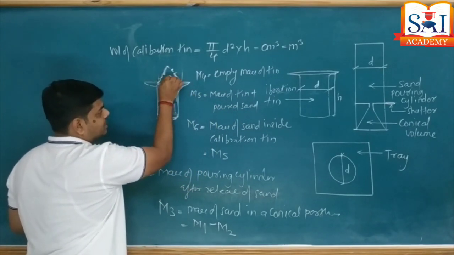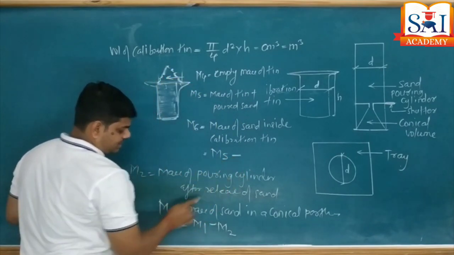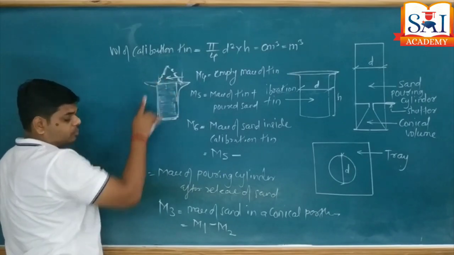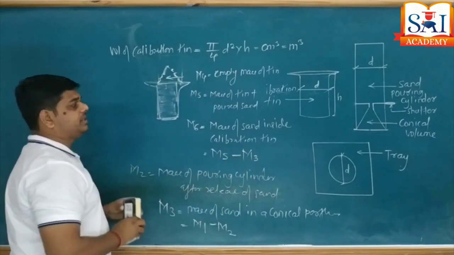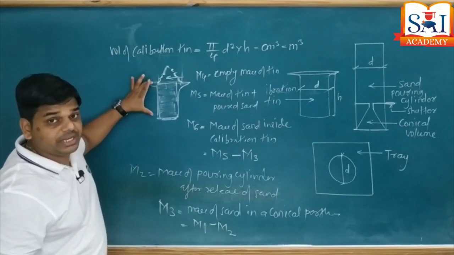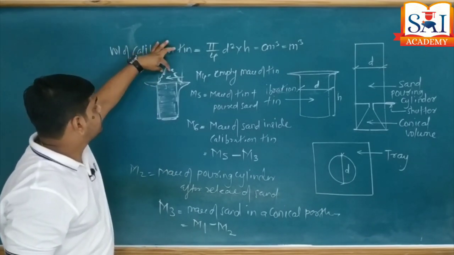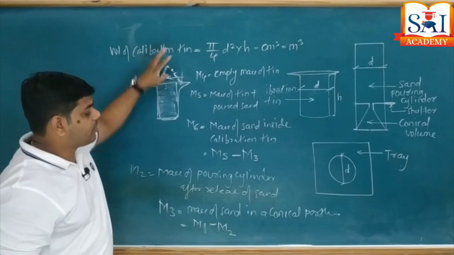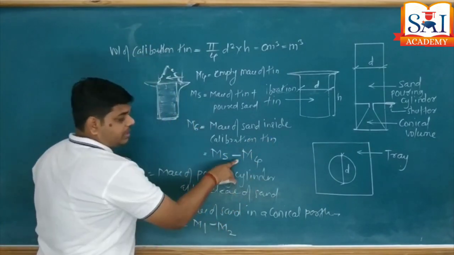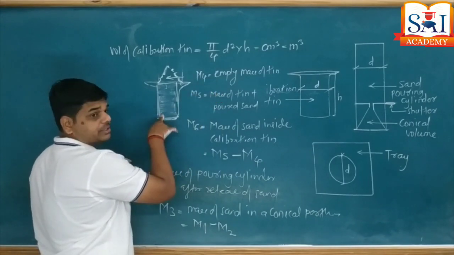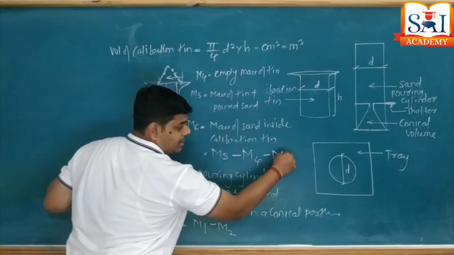Then I need to subtract this mass, that is minus, and what is this mass? That of the conical portion, M3. So M5 is the mass of the calibration tin plus this conical portion. From that M5 I am going to subtract M4 first, M4 being the empty mass of this calibration tin, minus M3.